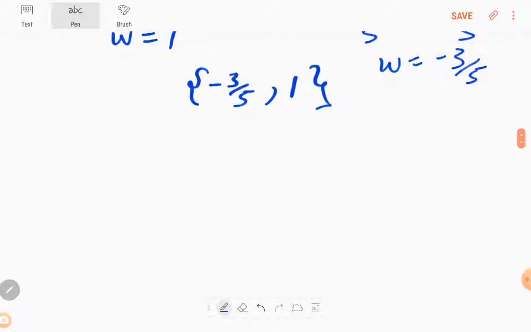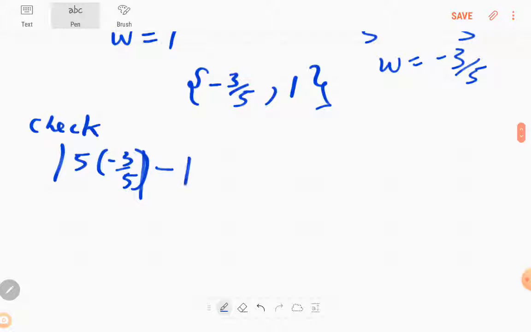Okay, when we do this, we should check our answer. So let's do a quick check with both of these solutions. So we have absolute value of 5 times minus 3/5 minus 1, is that equal to 4?